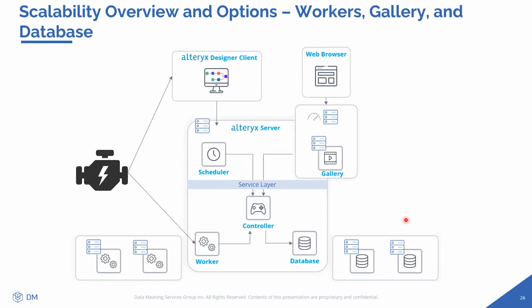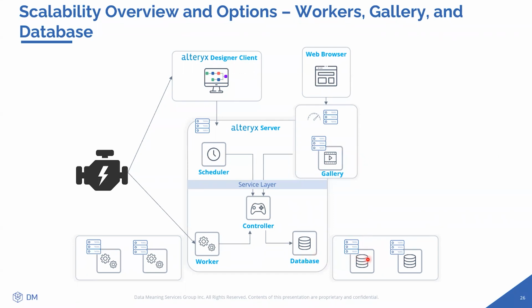This is the view here of everything that you can scale, right? So for the gallery, you can scale the gallery on its own machine, and you can even have a load balancer, right? And two galleries acting as replicas, one of the other. And the load balancer here will manage the access on all the gallery machines that you have.